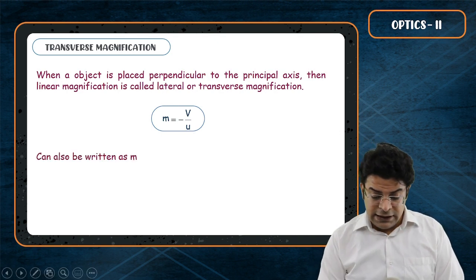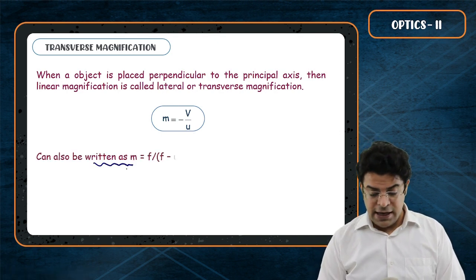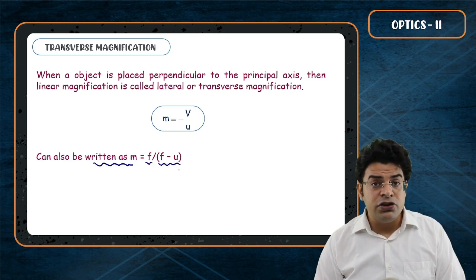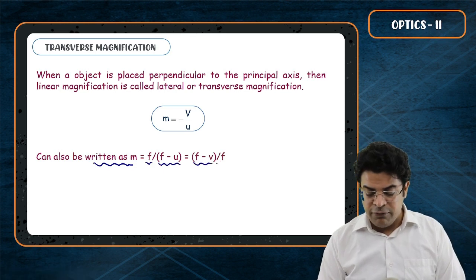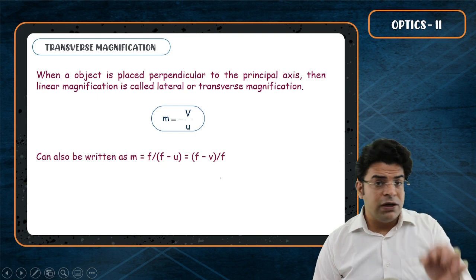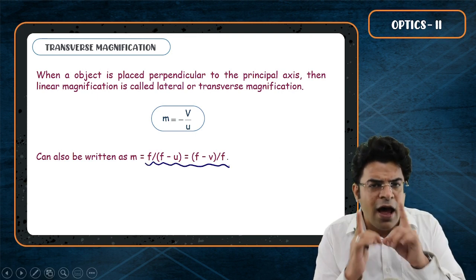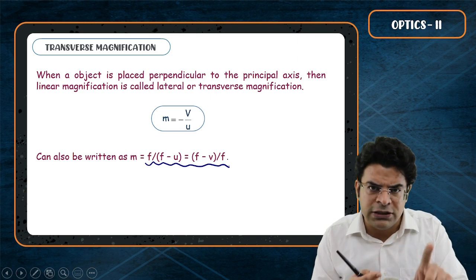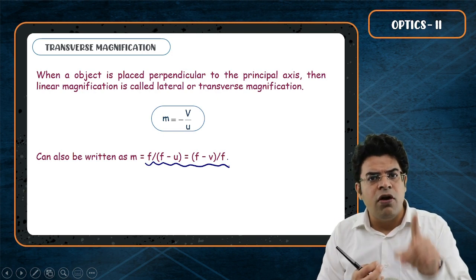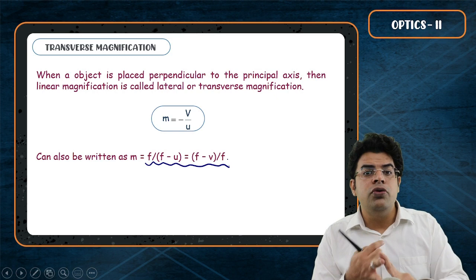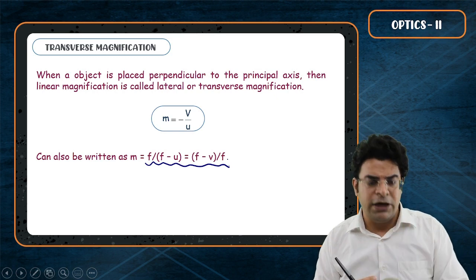So the same magnification can also be written as f upon f minus u, or it can be written as f minus v upon f. But do understand that here you need to substitute everything with sign. Here again, f means position of focus with respect to pole, v means position of image with respect to pole, u means position of object with respect to pole.